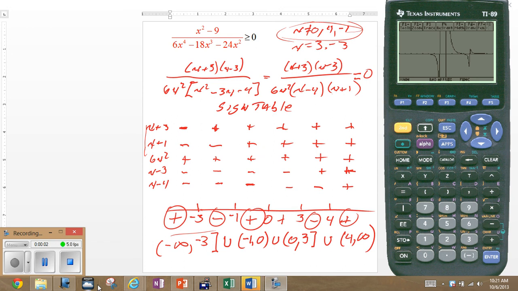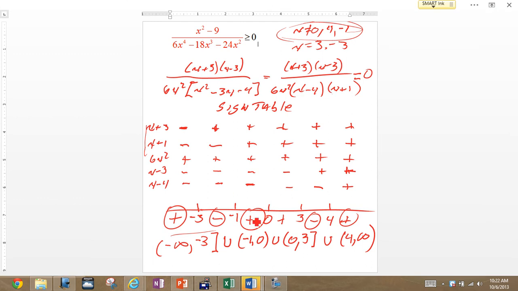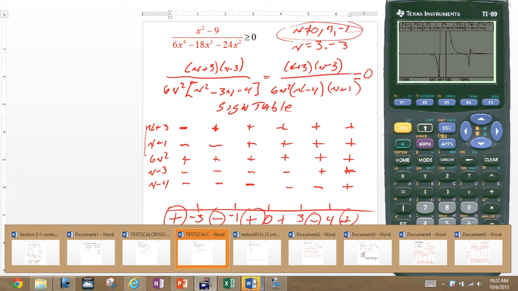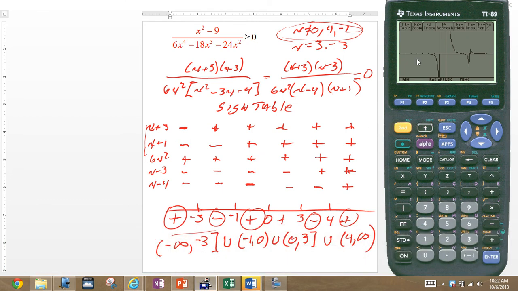I realized that in my last video, we did not get a chance to look at the graph of this expression, and also realized that I had incorrectly entered this expression.